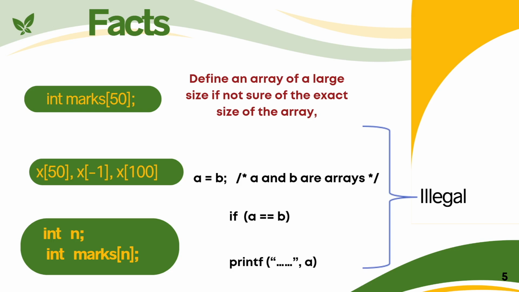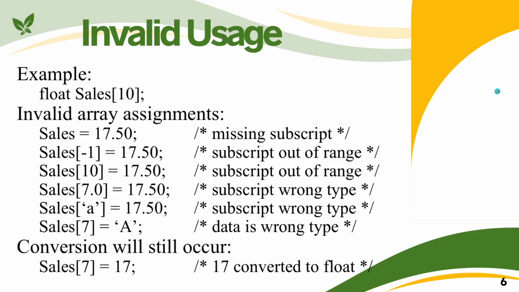And with a printf statement, we cannot print an array as such, just like we print a variable. In order to print some elements from an array, apart from the array name we need to specify its index. So these are some of the errors which we may encounter, or some illegal ways of using arrays.